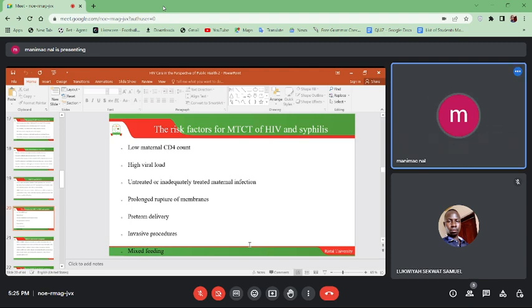Then another risk factor is the invasive procedure, which is the kind of procedure that is deliberately used to access the body, where access is gained via an incision.